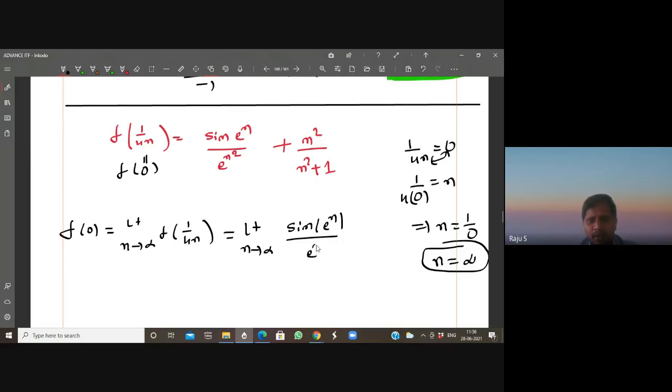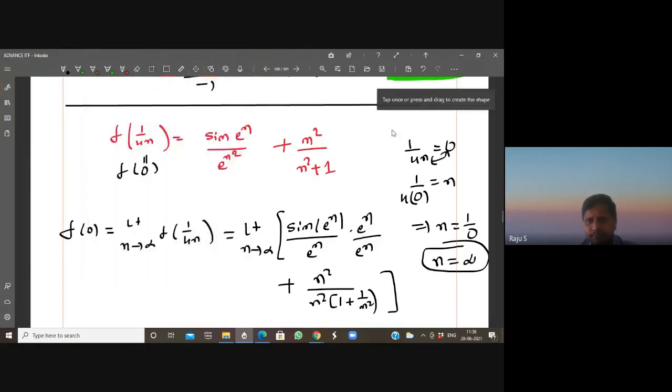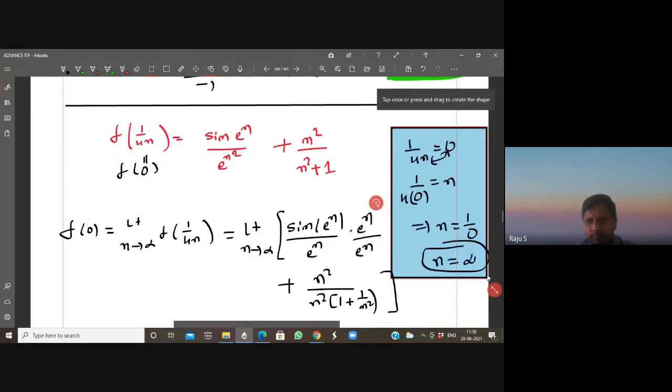I want to multiply and divide with e power n, by e power n square. Plus, here n square I want to take common in the denominator: n square times 1 plus 1 by n square. Let's close the bracket.